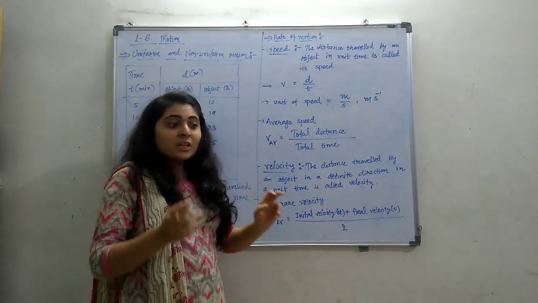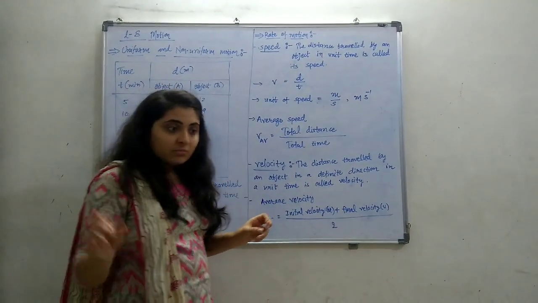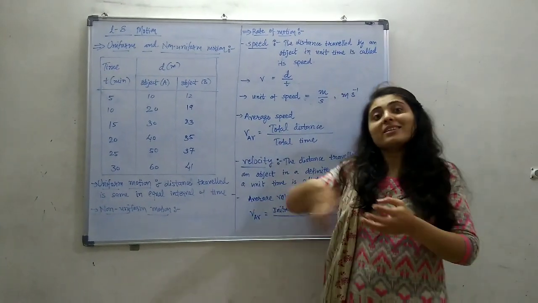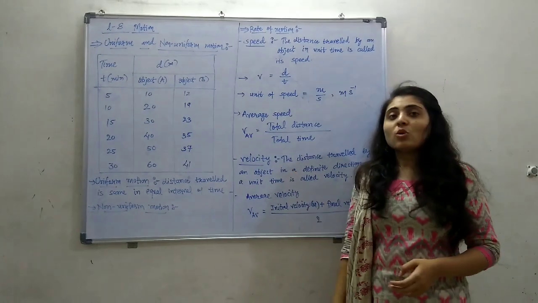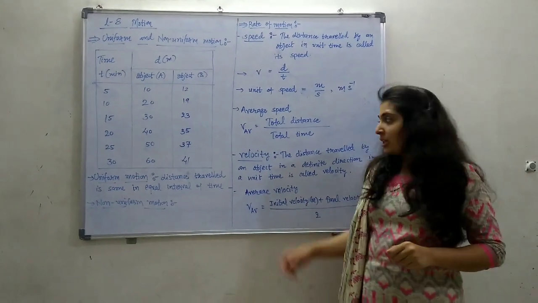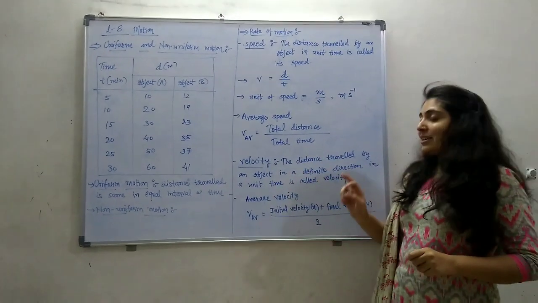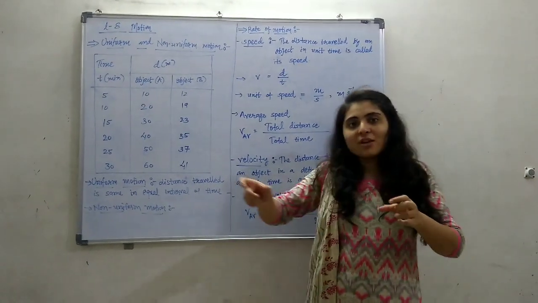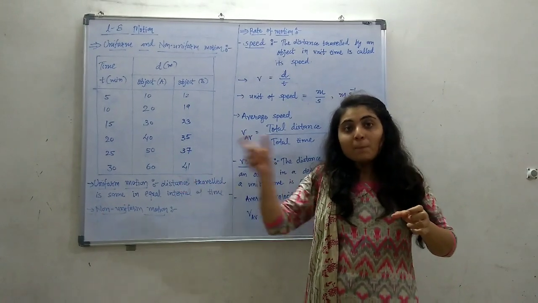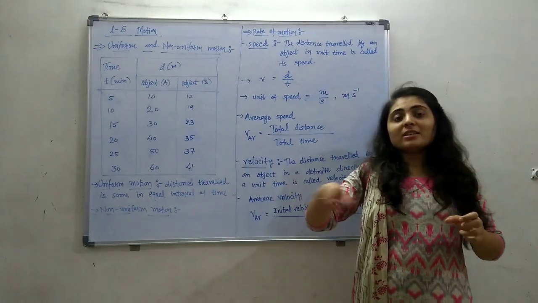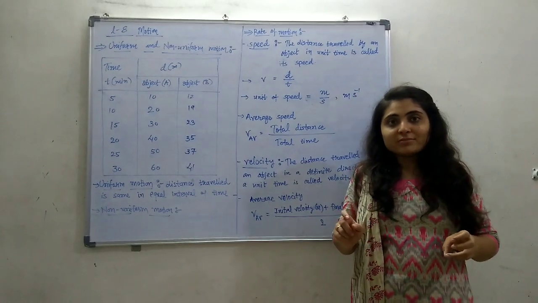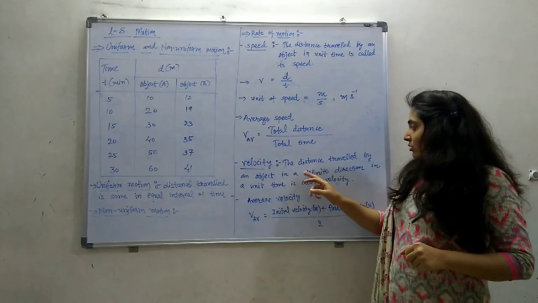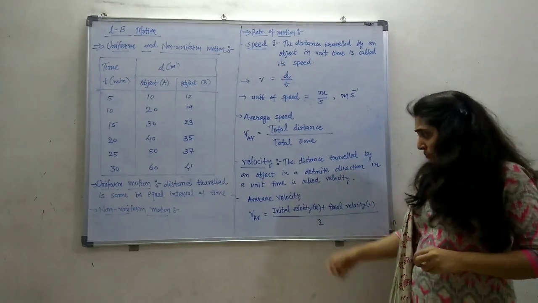But in velocity, even if the distance traveled by the object is constant, if the direction is changed, then the velocity can also change. Okay. So it depends on both distance and direction. If the distance traveled is the same but its direction is changed, then also the velocity is said to be changed. Okay, so direction is very important.